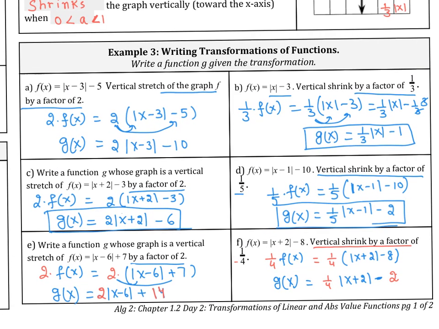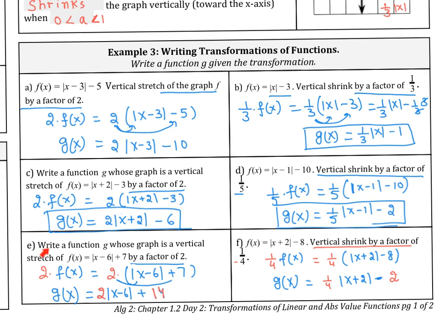For letter E and F, you're going to write a function g whose graph is a vertical stretch of the original graph f(x) by a factor of 2. So if it is a vertical stretch, then you're going to multiply the 2 to the function f(x), and the function f(x) is absolute value x minus 6 plus 7.